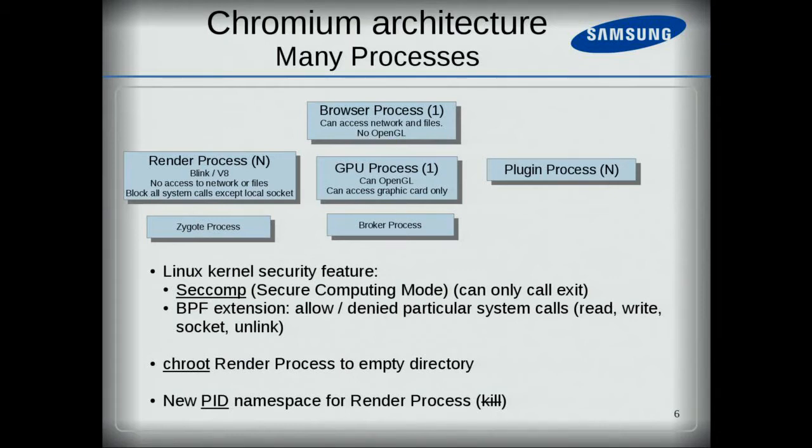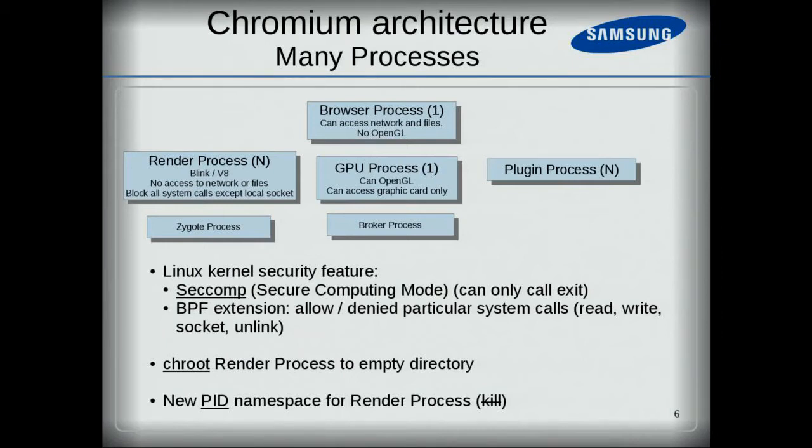So maybe you allow open, but you want to only allow opening a subset of specific files. This layer of sandboxing is applied to almost every process in Chromium, with a different big switch, a different policy.